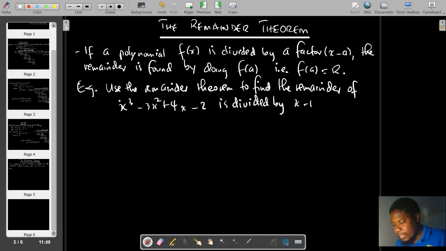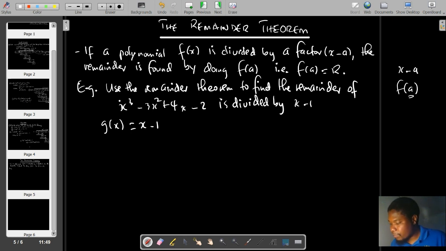Now, first of all, remember that our g of x, which is our divisor, is equal to x minus 1. If we're going to do the remainder theorem, we need to find what we're going to substitute. Remember, when it was x minus a, we substituted f of positive a.